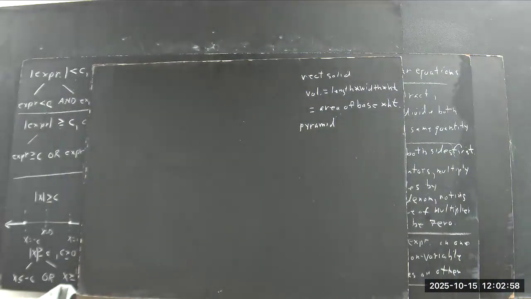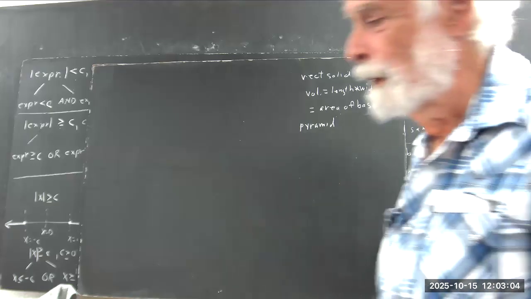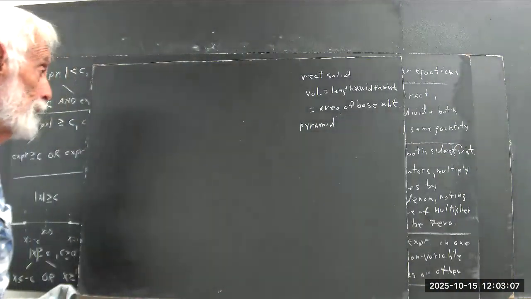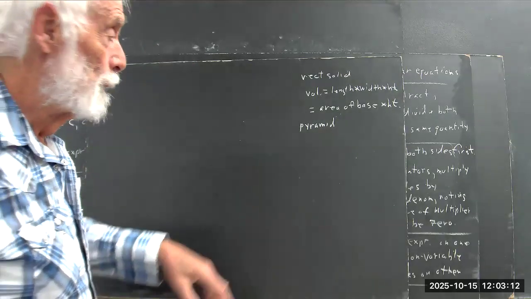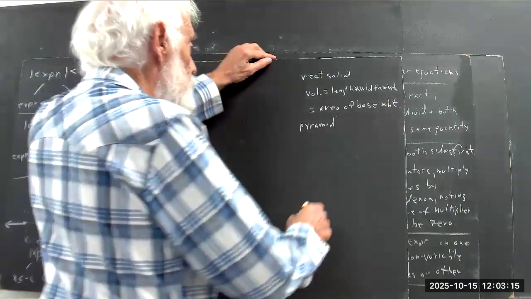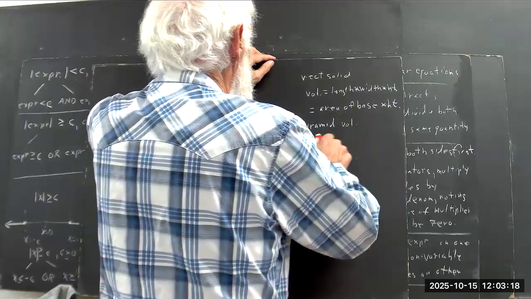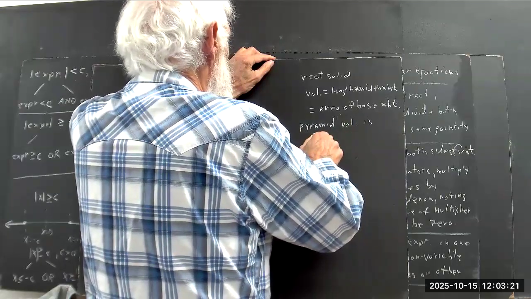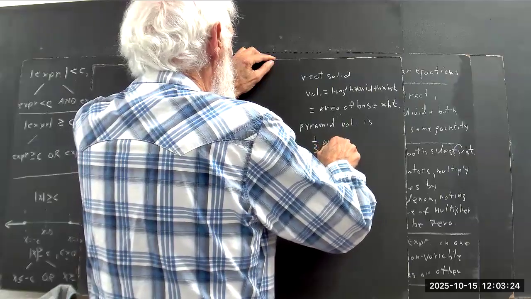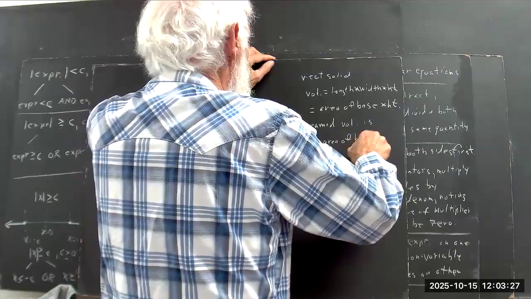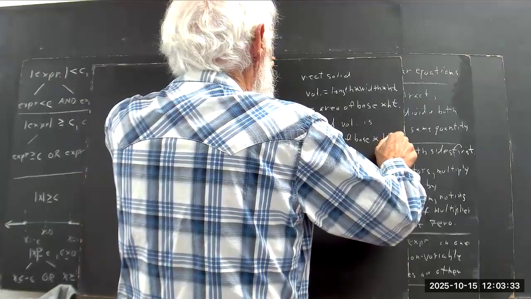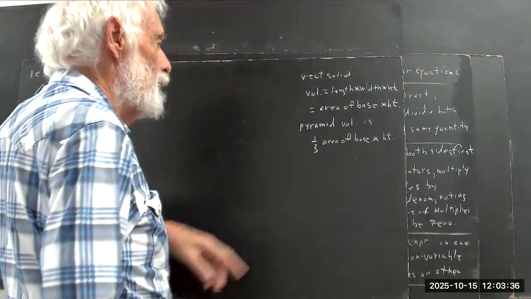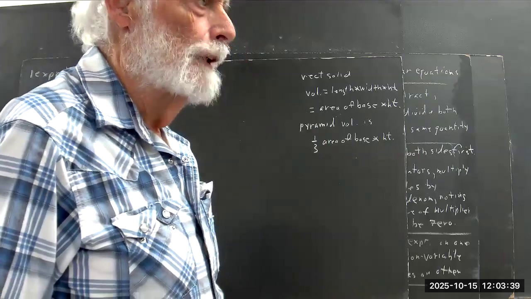Pyramid. Okay, pyramid volume. By height, I really mean altitude, that has a specific definition.